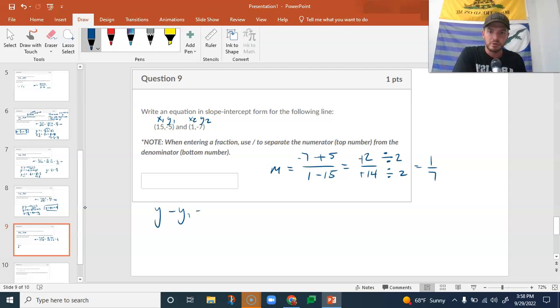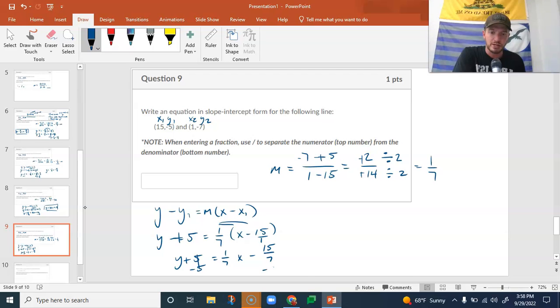Again, y minus y1 equals m times x minus x1. So here we go. Y minus negative 5 equals 1 over 7 times x minus 15. Okay, this is plus a positive now. Distribute your slope. Y plus 5 equals 1 over 7 x minus 15 over 7. And then last step is to solve for y, so subtract 5.